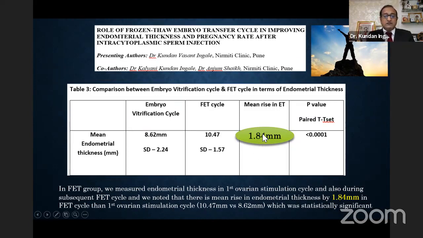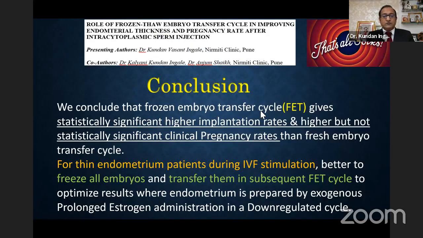So here we saw that during the second subsequent cycle, the same patient will show us a higher mean endometrial thickness by 1.84 millimeter.